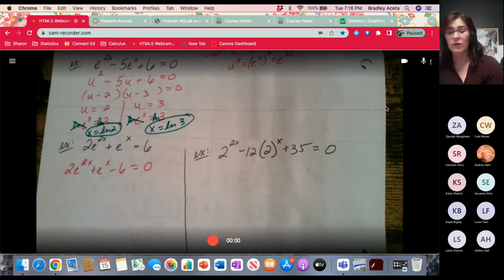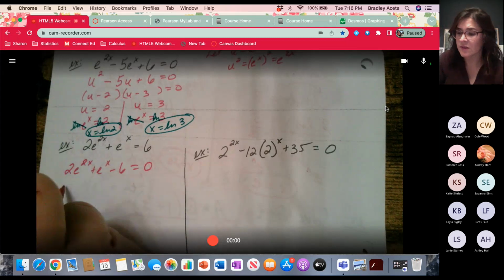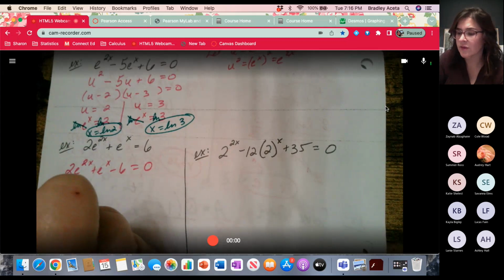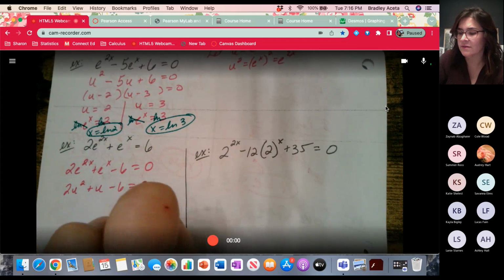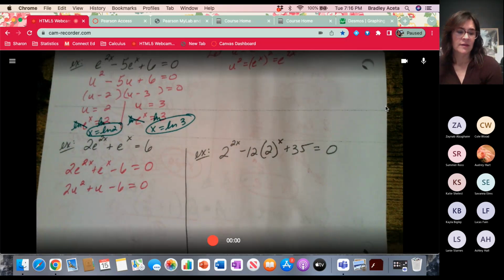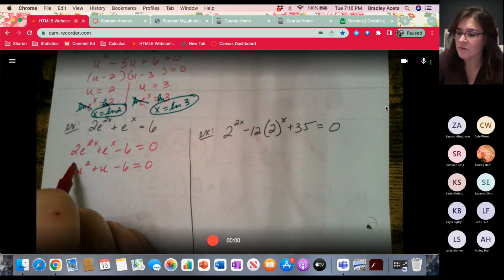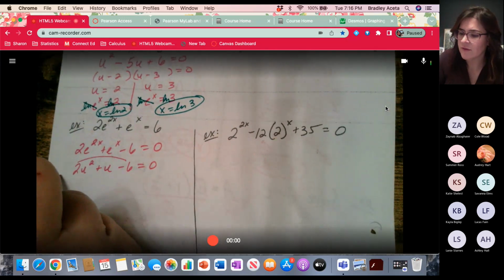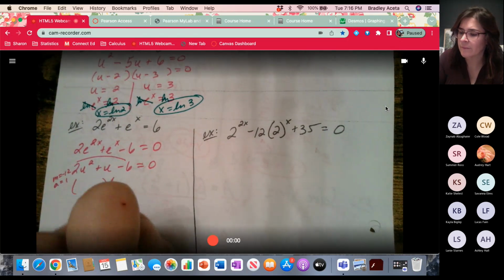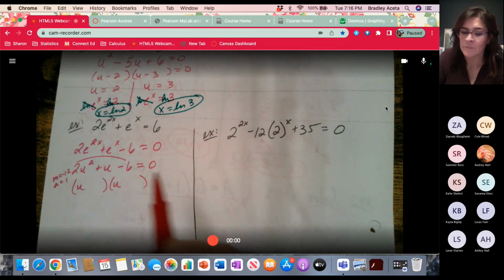Again, I'm going to let u be e to the x. So this is really 2u squared plus u minus 6. I've got to do the whole factoring thing. What two numbers multiply to negative 12 but add to 1?